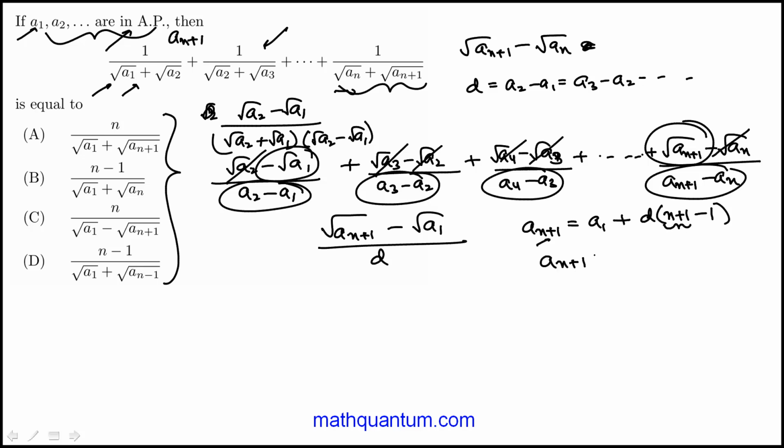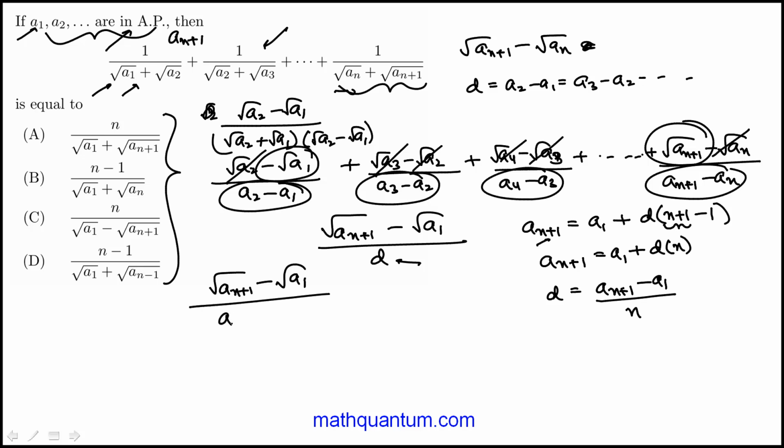So that means that a sub n plus 1 is equal to a1 plus d times n. And so d is a sub n plus 1 minus a1 over n. And I can plug that in here. And that becomes a sub n plus 1 minus a1. n goes in the numerator.